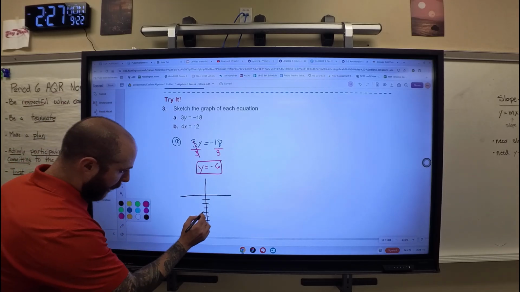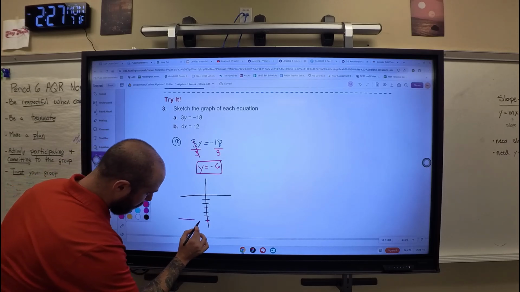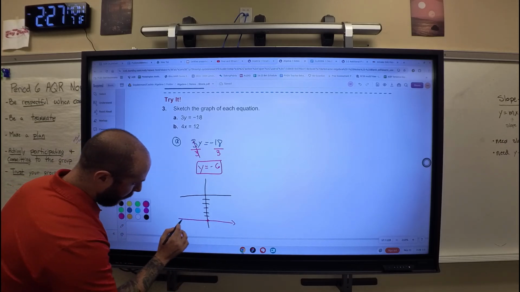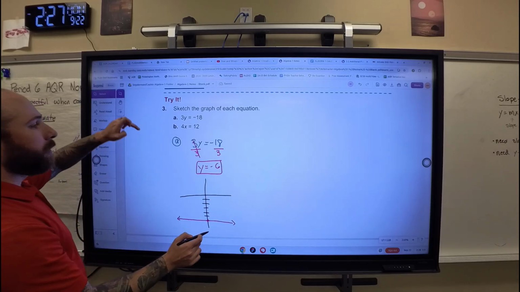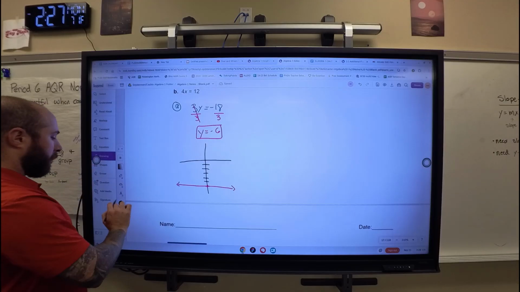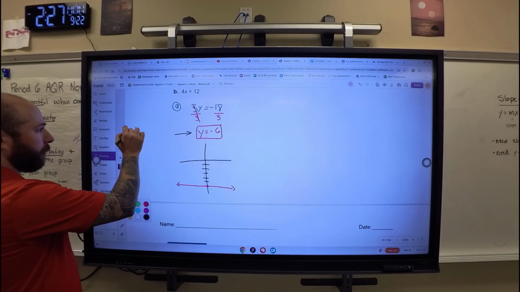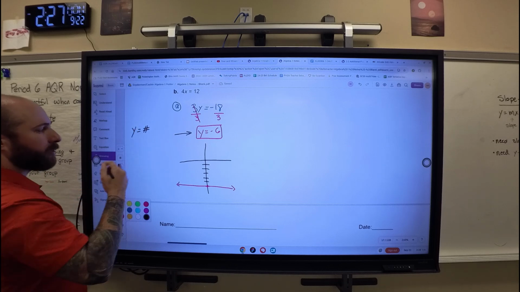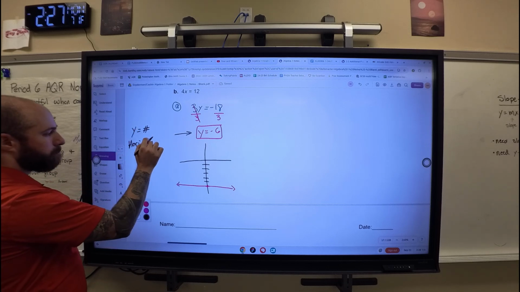So if I go down 6, I'm going to have a horizontal line here, because every single point along this line is going to have a y value of negative 6. So when we have y equals a number, right? Y equals a number as our equation, that is going to be a horizontal line.